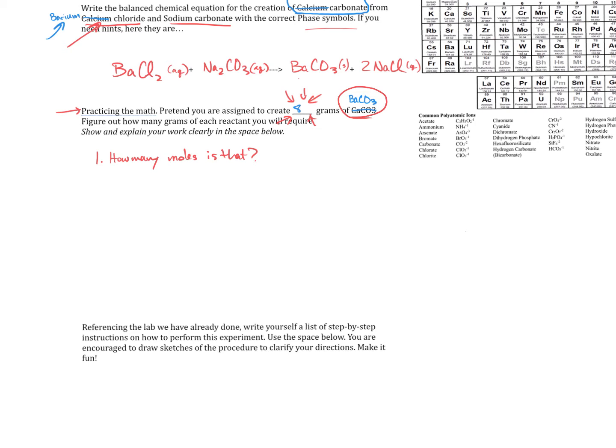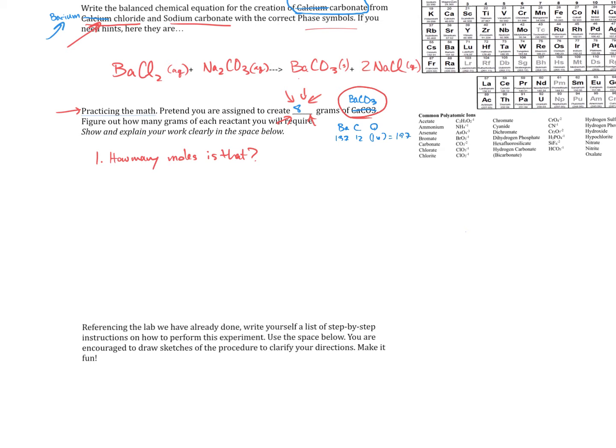Well, in my case, I calculate the molar mass. Barium, Ba, is 137 grams. Carbon is 12 grams. Oxygen is 16 grams, but there are 3 of them. All told, that's a whopping 197 grams.